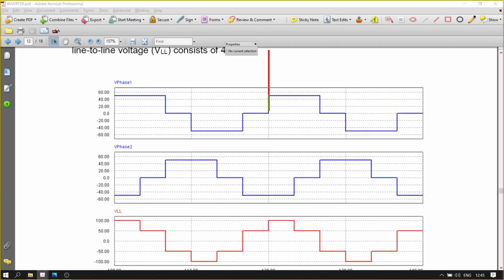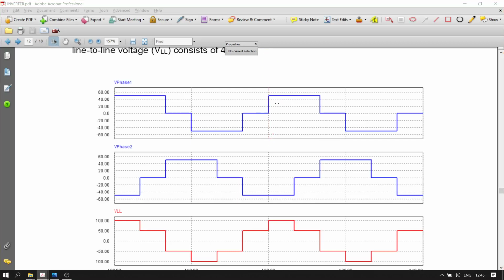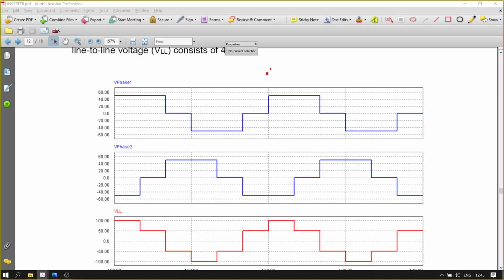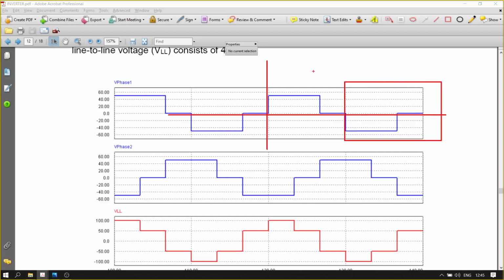So this is our axis, and this is the first half, and this is another half here.